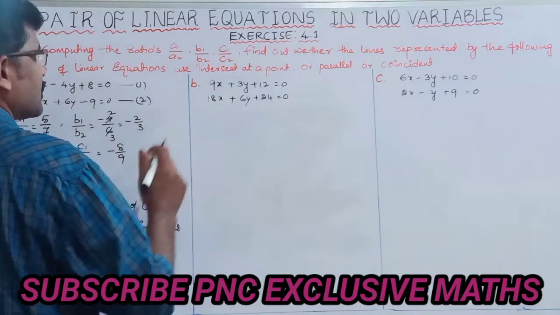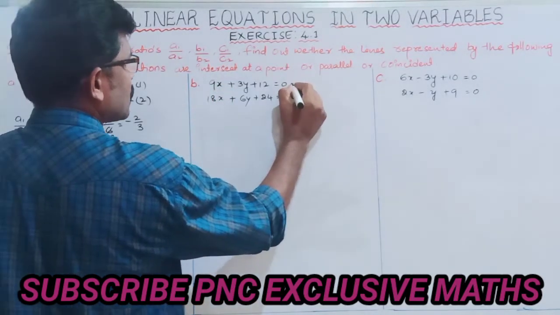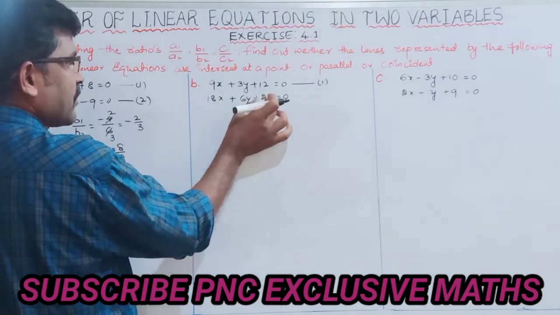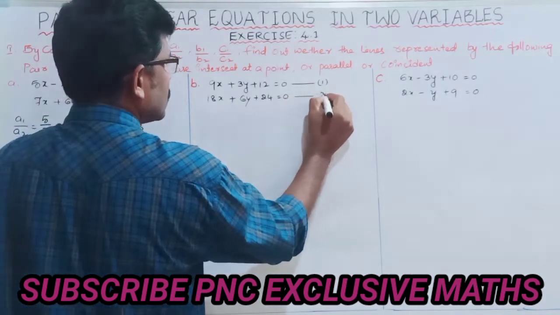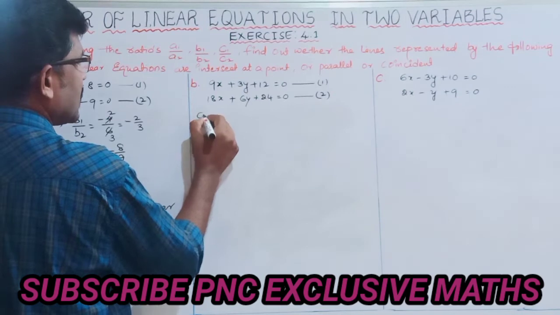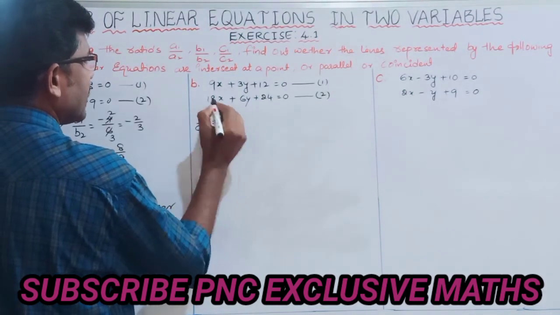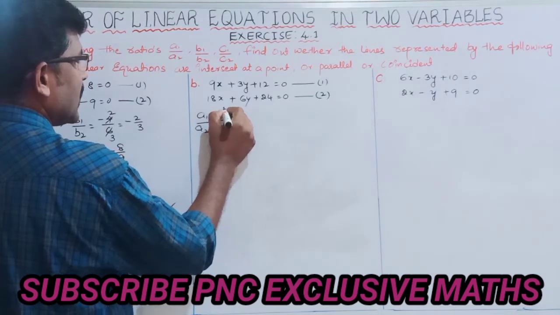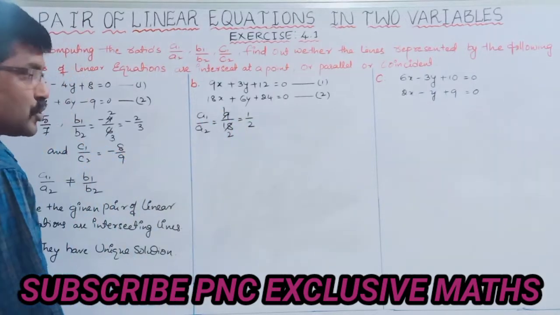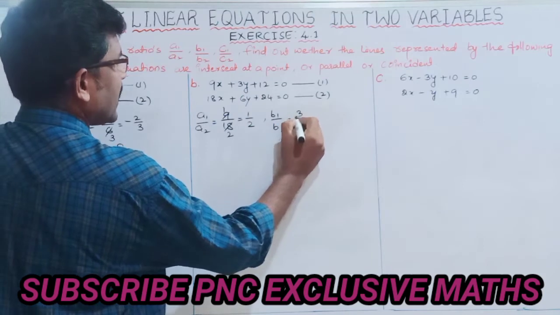Now coming to second question, 9x plus 3y plus 12 is equals to 0, equation 1. 18x plus 6y plus 24 is equals to 0, equation 2. Comparing ratios, A1 by A2 is equals to 9 by 18. That's by simplification, 9 ones are 9, 9 twos are 18, that is equals to 1 by 2. B1 by B2 is equals to 3 by 6.